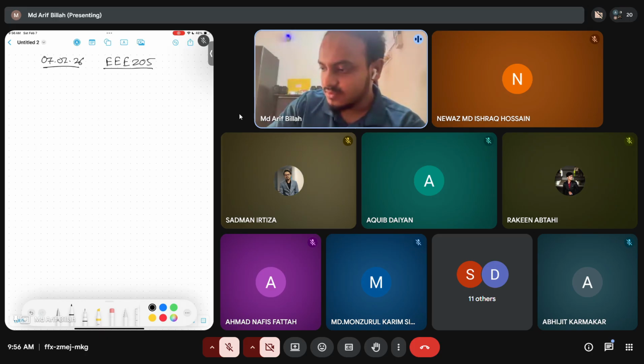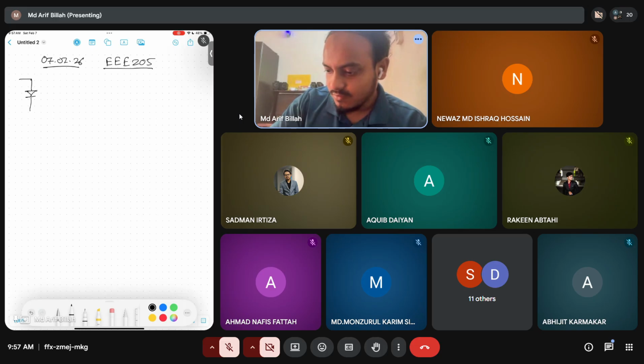So last class, we did piecewise linearization. What we did was we converted a diode into its equivalent resistance plus a voltage source, right?